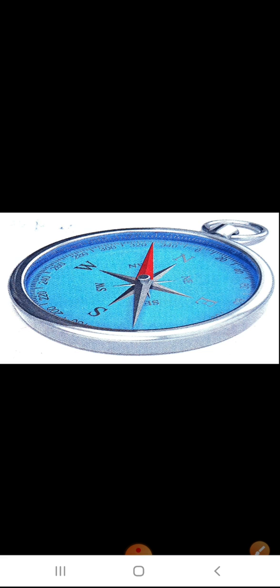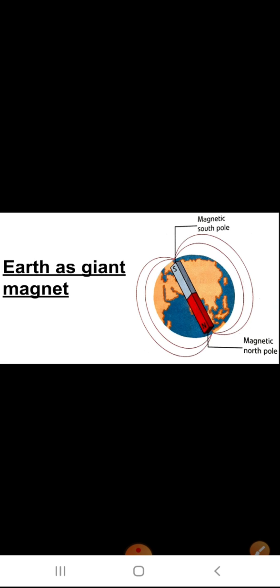The needle end towards the north is marked with a different color. In this case it is marked with red, so we can easily find out that this side is the north direction. Earth has a giant magnet, this we have studied in the previous lecture.